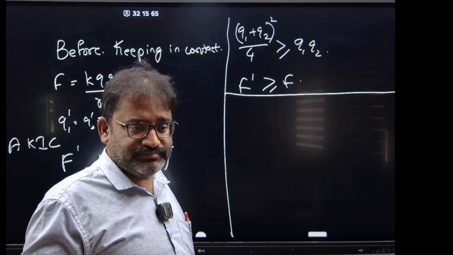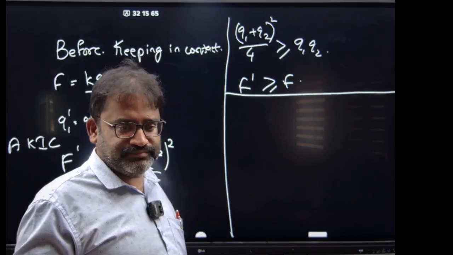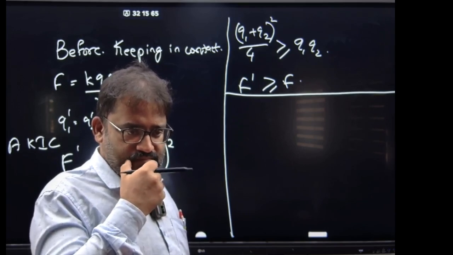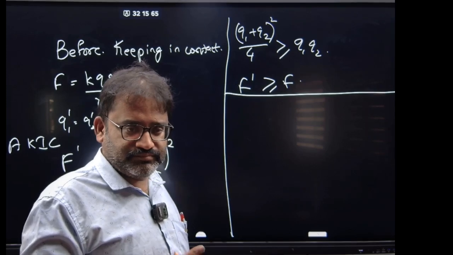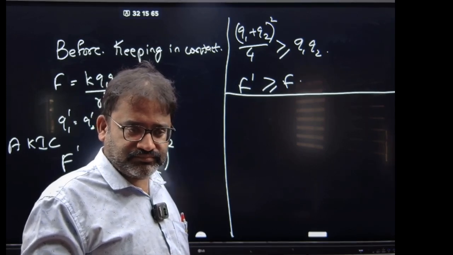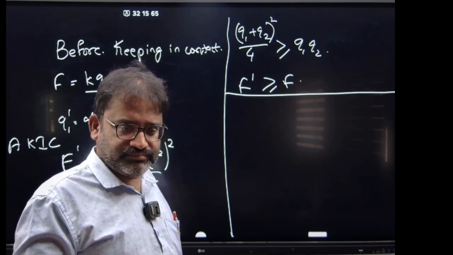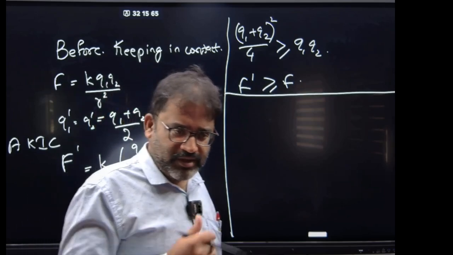Which one of the following conditions is essential if θ1 equals θ2? Option 1: m1 is not equal to m2 but q1 equals q2. Option 2: m1 equals m2. Option 3: q1 equals q2. Option 4: l1 equals l2. What is the answer?